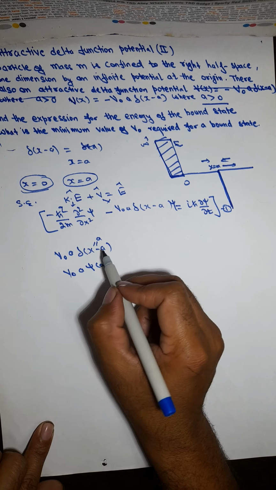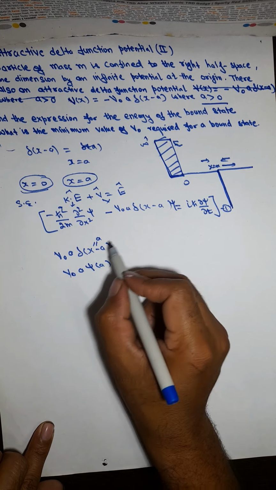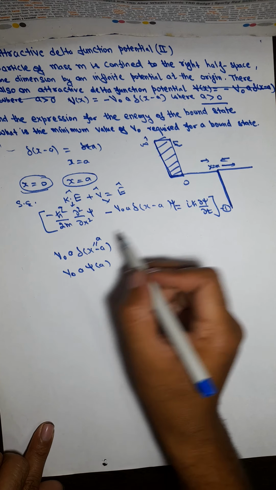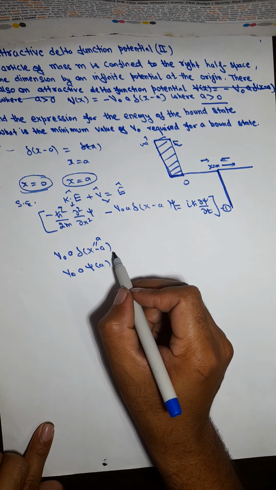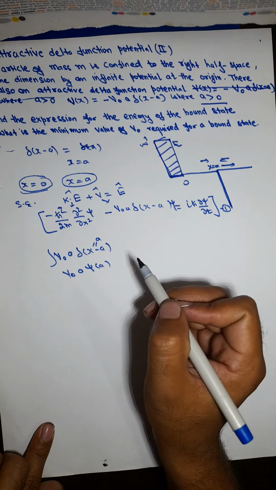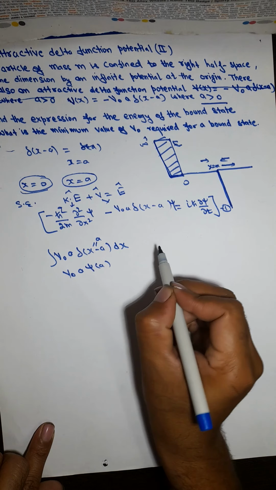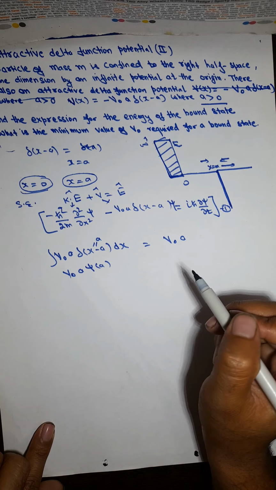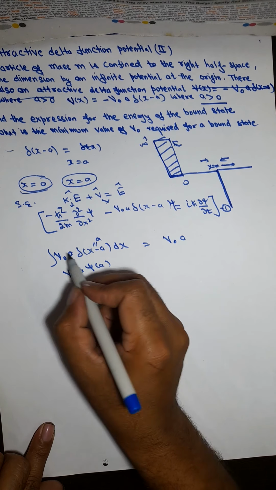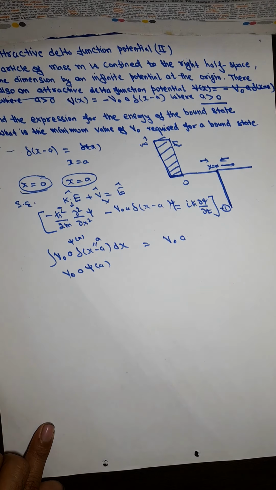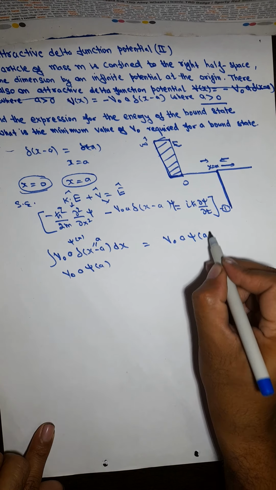Guys, I tell you how to integrate or differentiate a delta function. This just takes the value at x equal to a, so we need to put all the values at x equal to a. If we integrate these functions with respect to x, the integral goes to V0 a times psi of x, so its value goes to psi of a.